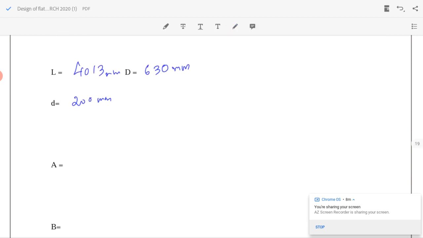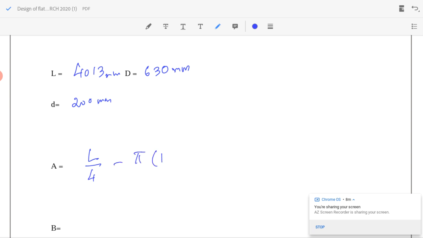I can substitute in this equation, and after substitution you will get A equal to L by 4 minus pi into (D plus d) by 8 equal to 677.3 mm.